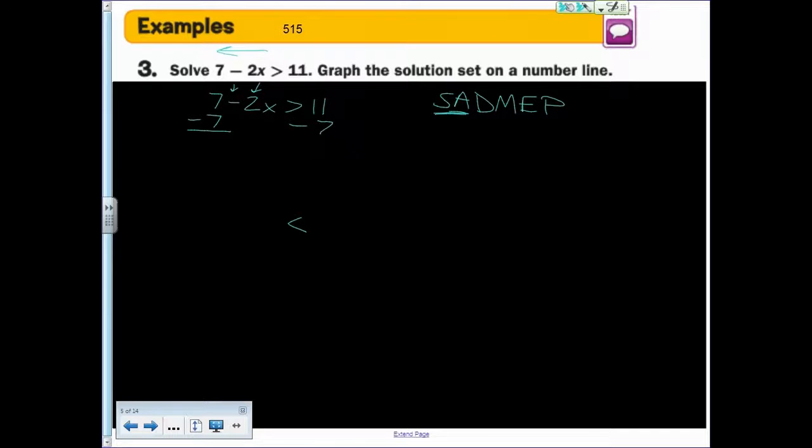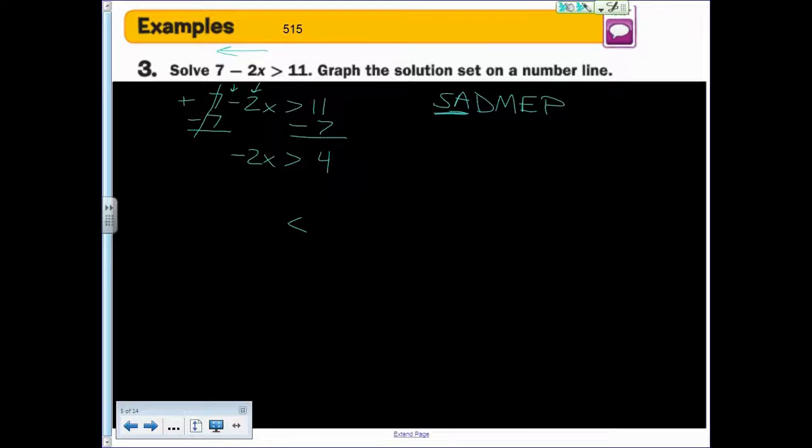This is sometimes tricky for students, so make sure that you are subtracting 7 on this problem, because this 7 is positive. Positive 7 and negative 7, being opposites, will cross off, and notice that leaves you with negative 2x. It is still greater than, because we have not multiplied or divided by a negative yet, 4. 11 minus 7 is 4.